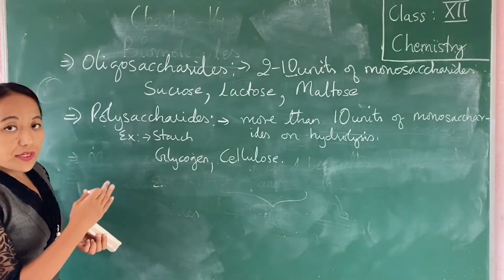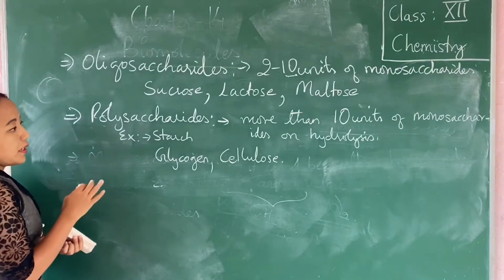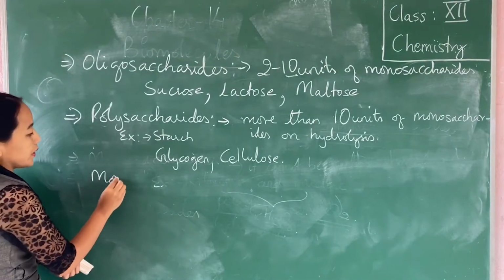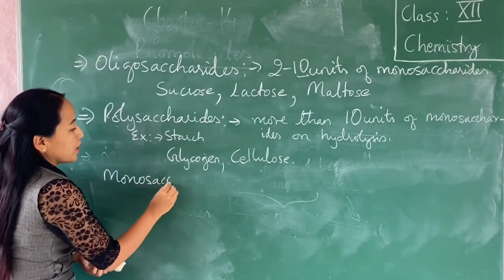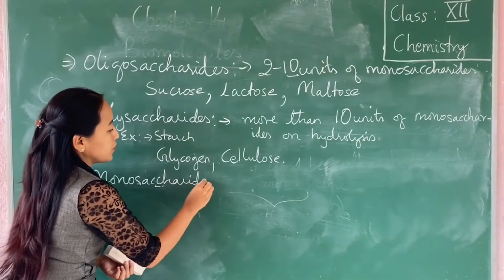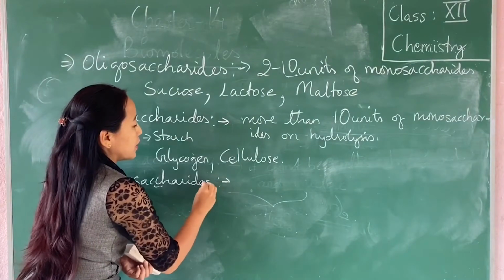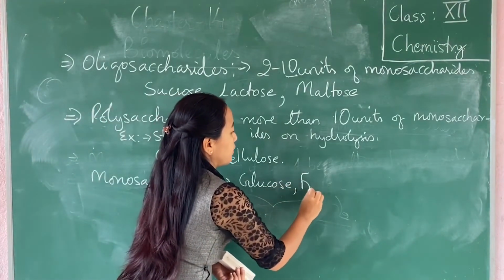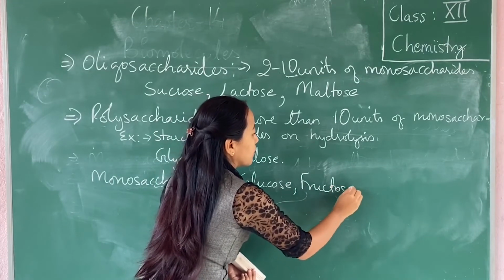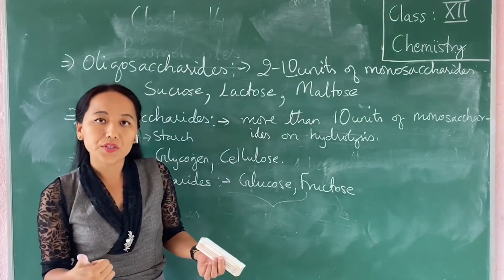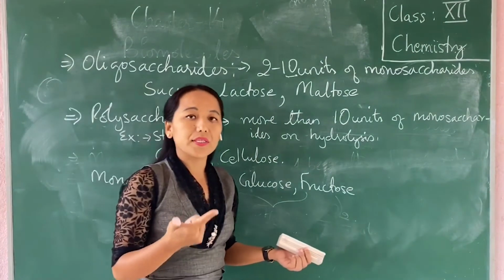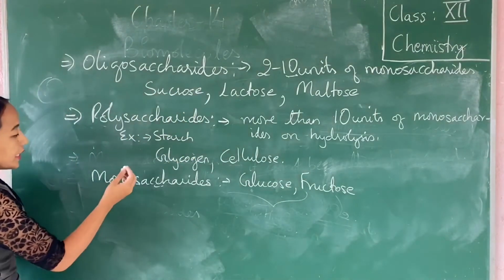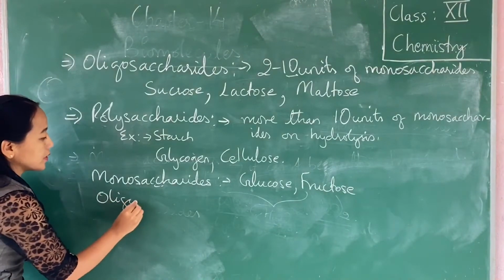So out of this, the important carbohydrates that we are going to study in detail are, from monosaccharides, glucose and fructose. We are going to study about the preparation of glucose and fructose, and about the structure of glucose and fructose. And then the next one is from oligosaccharides.